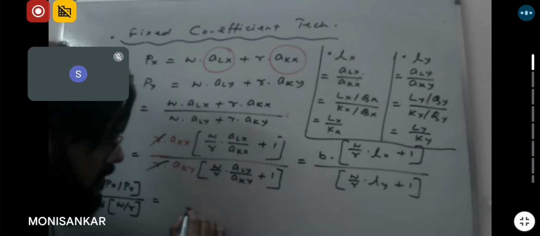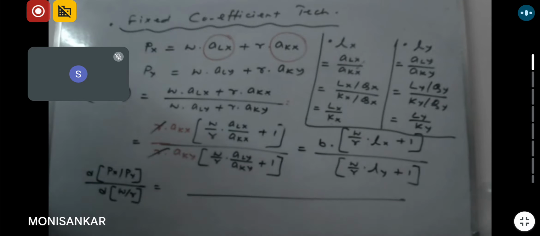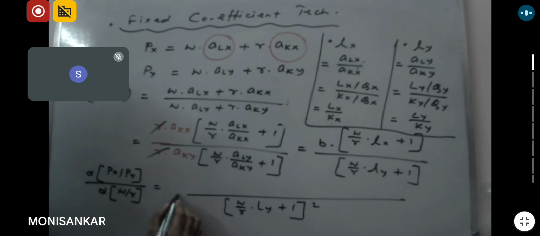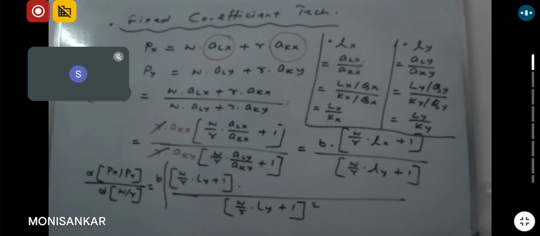So when you take the derivative, this is w by r Ly plus 1 whole square. This side, w by r Ly plus 1, constant. So B term is already there. You can take B as a constant term. So then this one is constant within the bracket.